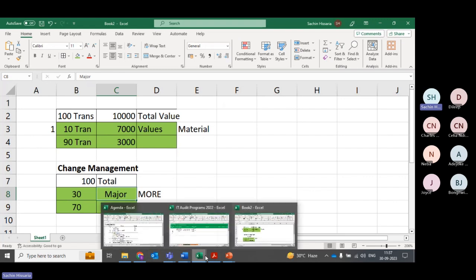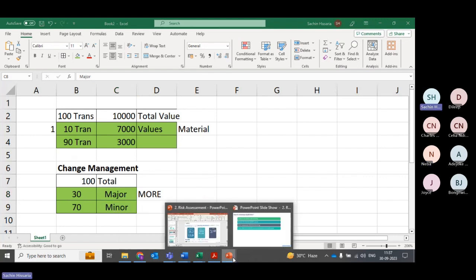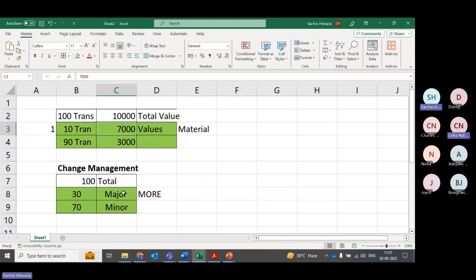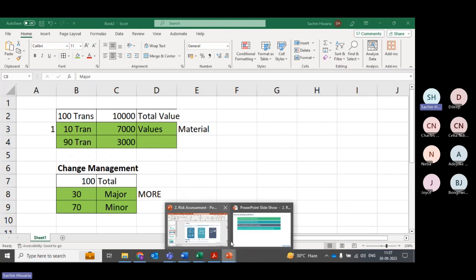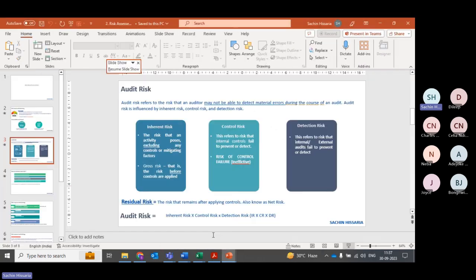That is called an assessment of materiality, and it can be assessed using values as a figure. We can also assess materiality using non-values like the impact on the organization and the potential dependency of that particular process on the organization. Basis on all those factors, we can assess the materiality of the process.